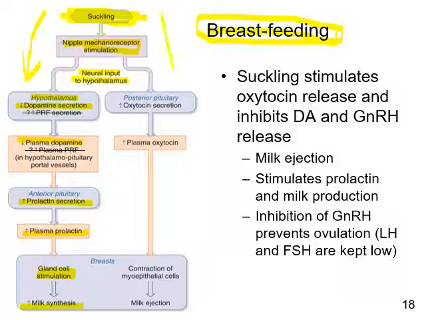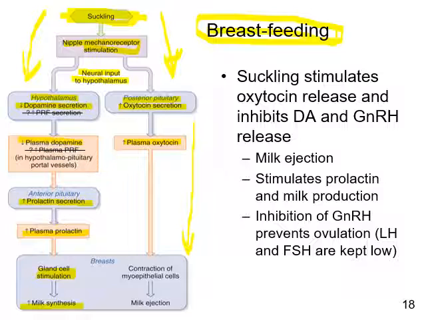The neural input to the brain of the woman also stimulates the posterior pituitary to produce more oxytocin. So the smell of the baby, the sight of the baby, the sensation of the baby increases the release of oxytocin into the blood. This oxytocin triggers another cell type that I haven't introduced yet.